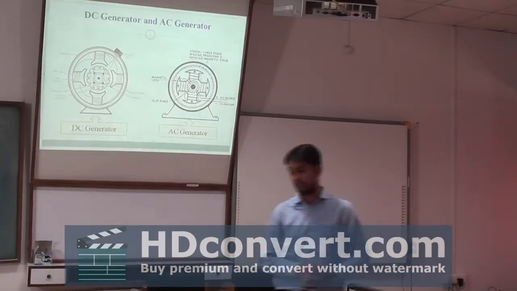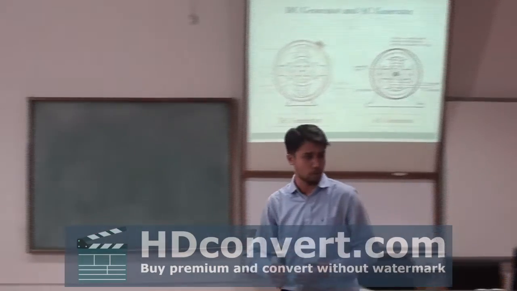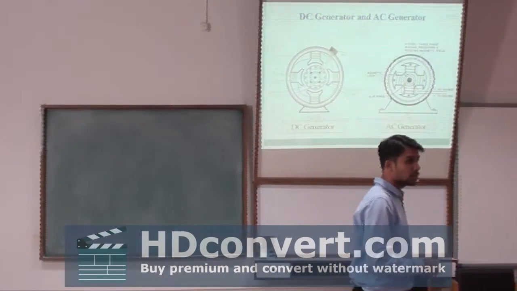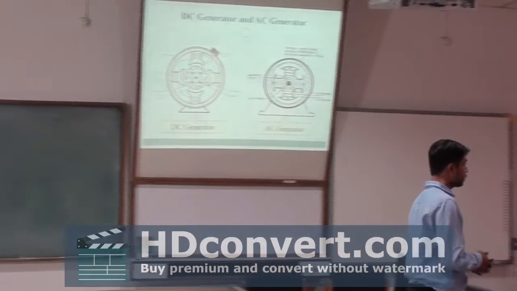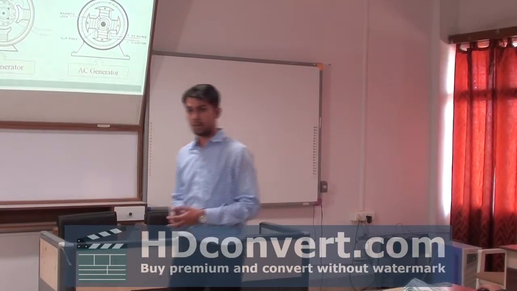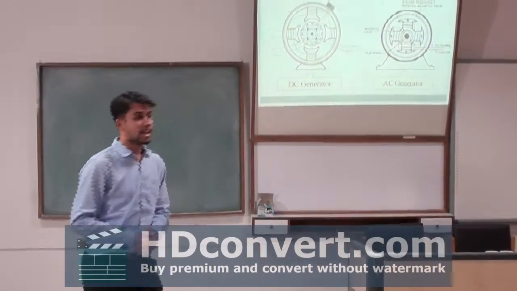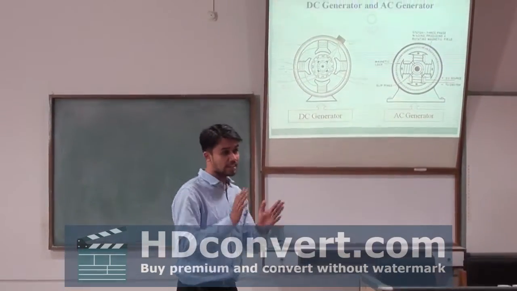One of our friends has taken the topic of transformer. The transformer is the heart of the electrical system. At all stages we need transformers at different voltage levels to step up or step down the voltage. The DC generator also has induced EMF of alternating nature.